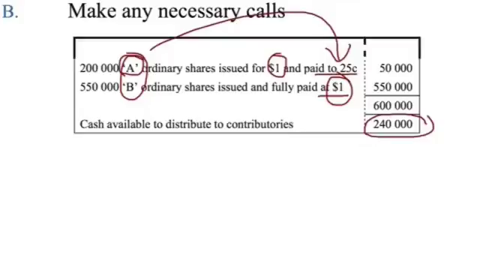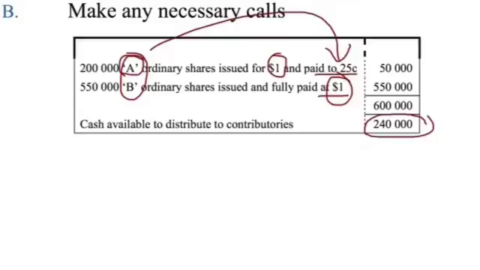So during a liquidation, shareholders will still be liable to the company for the amount that has not been paid on their shares. This stipulation is included to ensure that shareholders who are fully paid are not at a disadvantage compared to those who hold only partly paid shares. Okay, so back to our example.